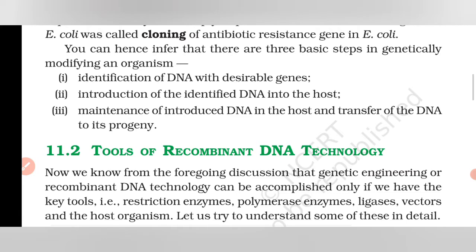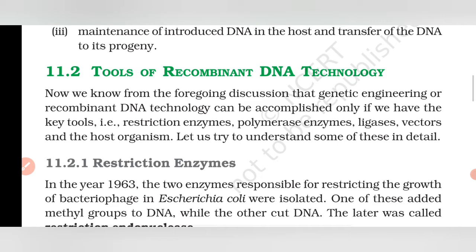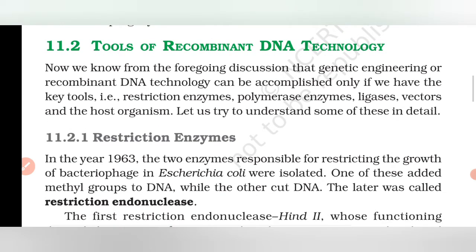Now let us talk about the tools of recombinant DNA technology. We know from the foregoing discussion that genetic engineering, or recombinant DNA technology, can be accomplished only if we have the key tools. The first basic key tool is the restriction enzyme, or you can call it the molecular scissor, for cutting the DNA. Then we require polymerase enzyme for DNA replication. Then we require ligase. Ligases do the work of joining the DNA strands.